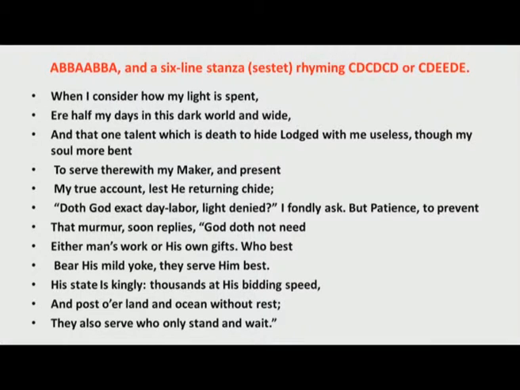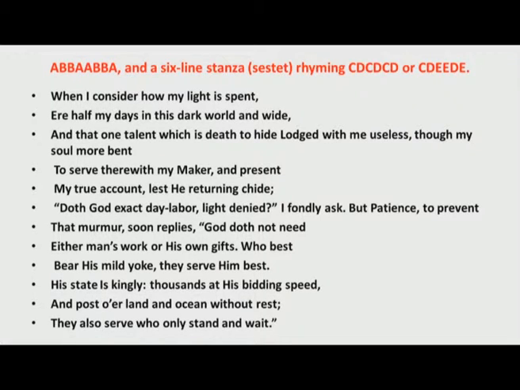It can vary. When I consider how my light is spent, ere half my days in this dark world and wide. Please look at the beautiful poem here. And that one talent which is death to hide lodged with me useless, though my soul more bent to serve therewith my Maker, and present my true account, lest he returning chide, "Doth God exact day-labor, light denied?"